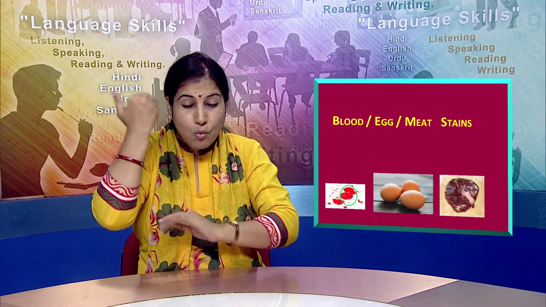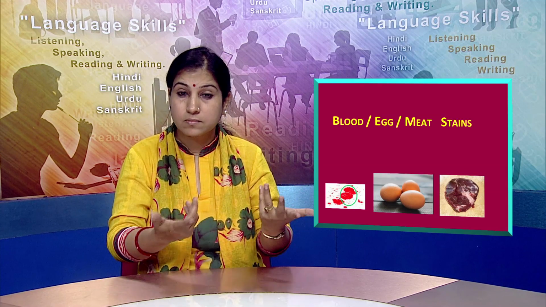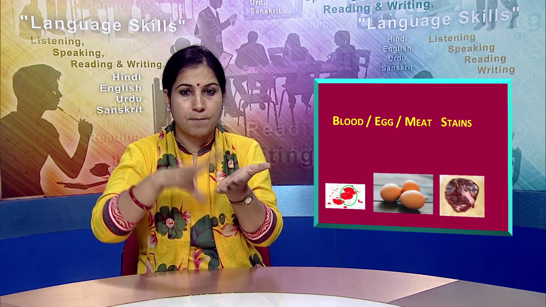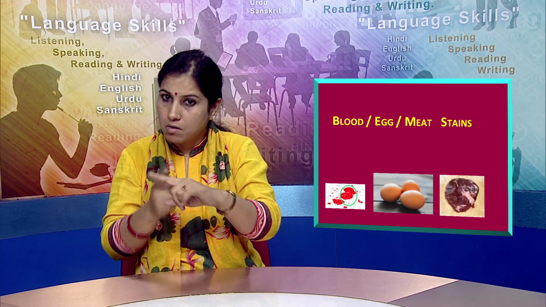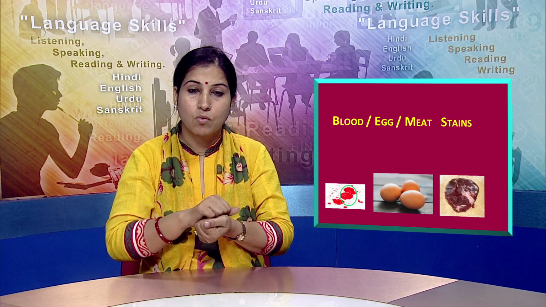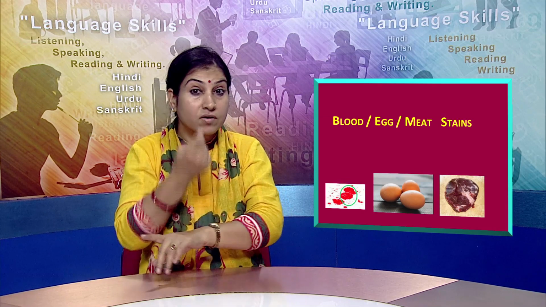And for old cotton clothes, white old cotton clothes, soak in salt water or in diluted ammonia for 5 to 10 minutes. In case of colored cotton clothes, follow the same procedure as followed for white cotton clothes.